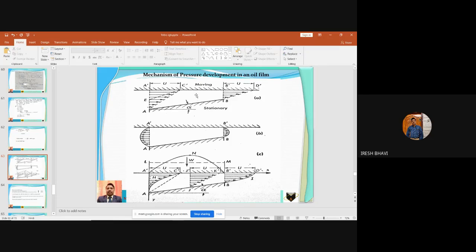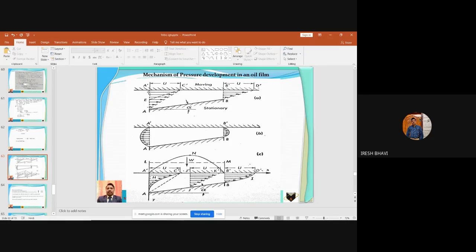the width is very large. It is assumed that the width of the bearing perpendicular to this plane is very large, means in this direction, in the perpendicular direction, the width of the bearing is very large. Hence let us consider a unit width of the bearing. Okay.